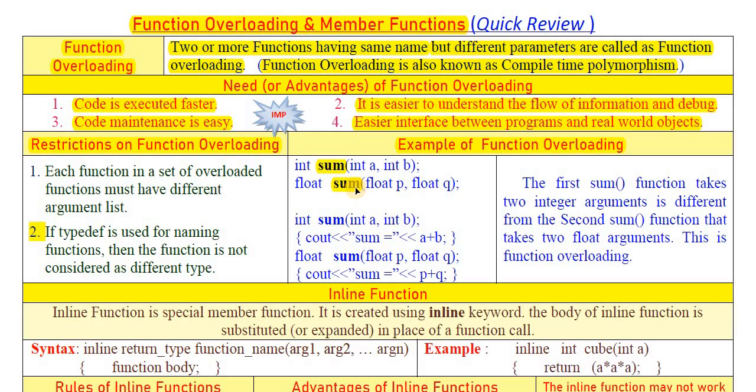Both functions name is sum but their parameters are different. In first sum function there are 2 parameters a, b of type integer, and in second sum function there are also 2 parameters but their data type is float. So parameters are different. Hence these functions are overloaded functions.